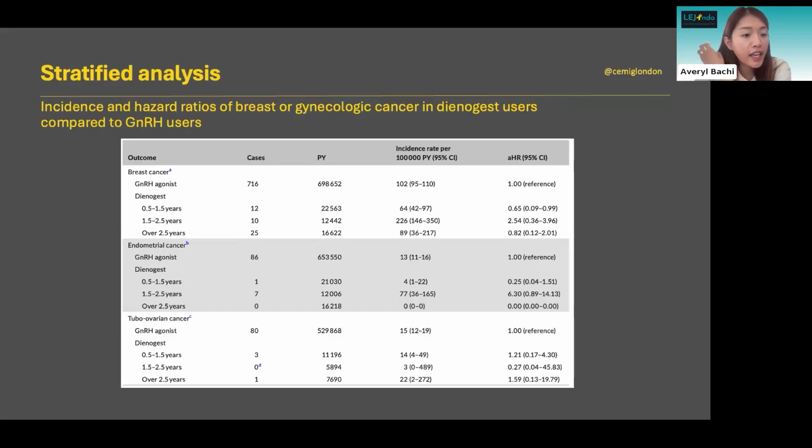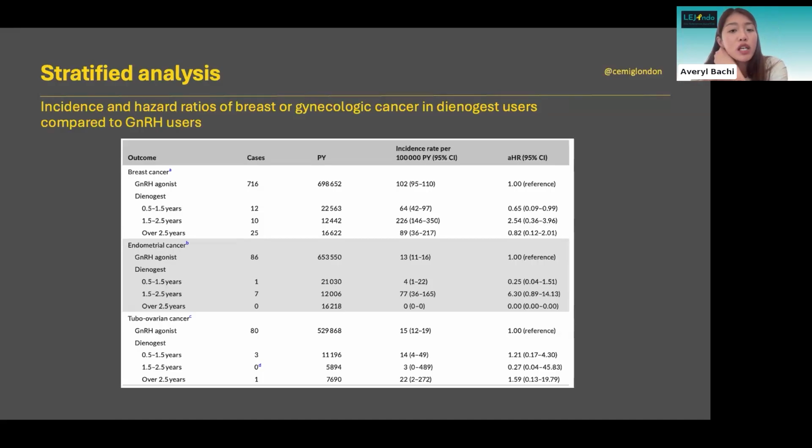So they did a stratified analysis, and if you look here under breast cancer Dianogest, 1.5 to 2.5 years, 0.5 to 1.5 years, the adjusted hazard ratio for breast cancer was lower amongst individuals the longer the duration of Dianogest use.